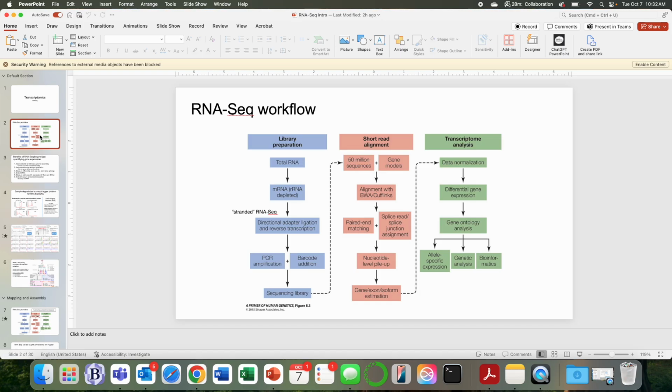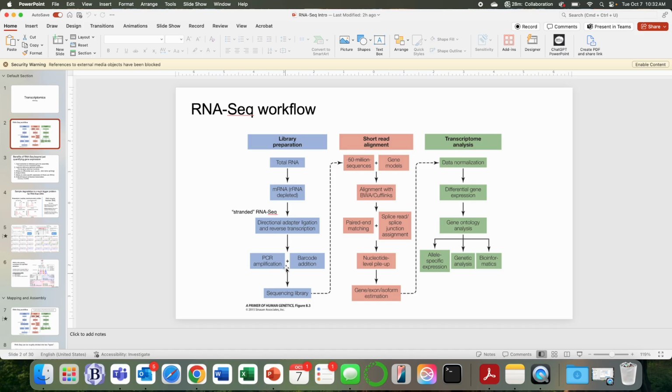Then we're going to map. And then where it diverges is, instead of calling variants, you could call variants, we'll talk about that, but we're going to try to quantify the number of reads that came from a particular coding sequence. So it's really the read depth that we're interested in now, not the variants themselves.